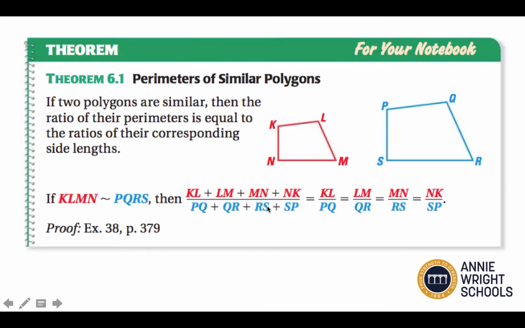Other things to know in this chapter, if you have similar polygons, then their perimeters are similar in that same ratio. And that one should seem pretty obvious if all the sides are in the same ratio. Adding up all the sides should be in the same ratio.